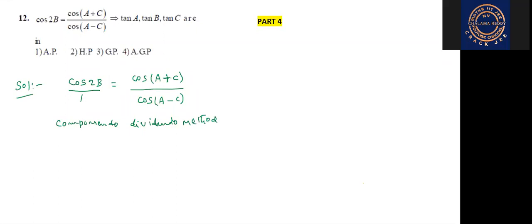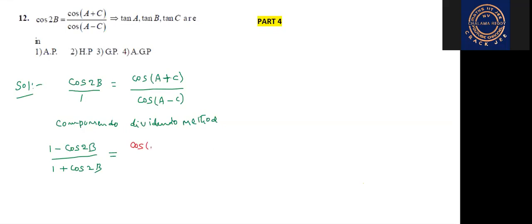Now I am going to write the left hand side like this: 1 minus cos 2b divided by 1 plus cos 2b. 1 means the denominator. What is the denominator?